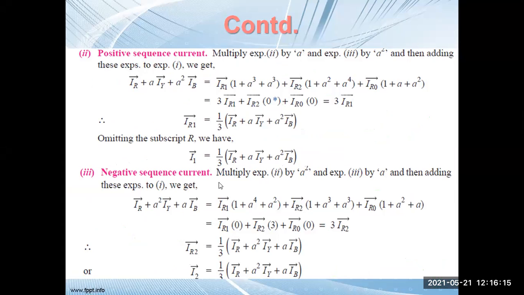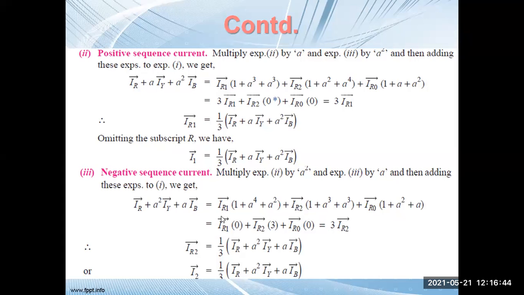Now similarly, we have to express the negative sequence current in terms of phase current. So negative sequence current will be represented in terms of all the phase components. So how to express it? This is IR, then we'll multiply Y by A square and B by A. Again, we'll derive that.